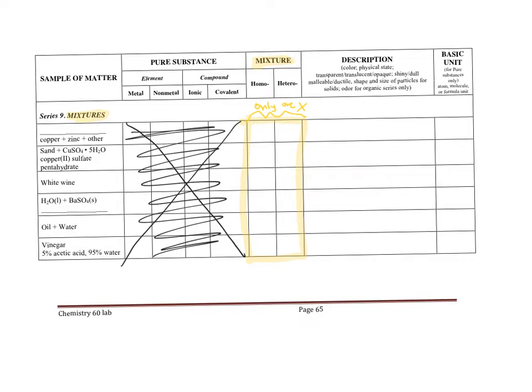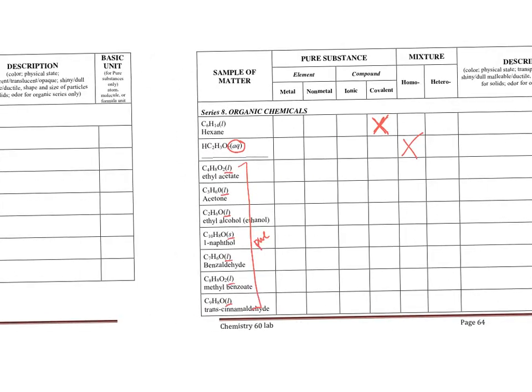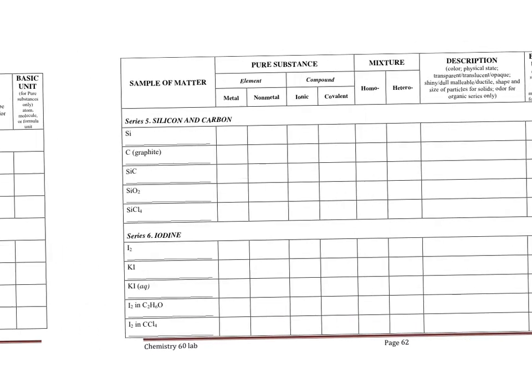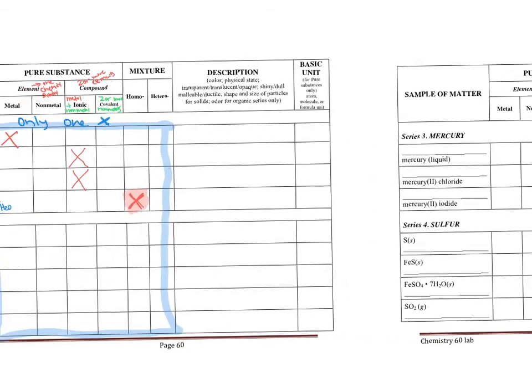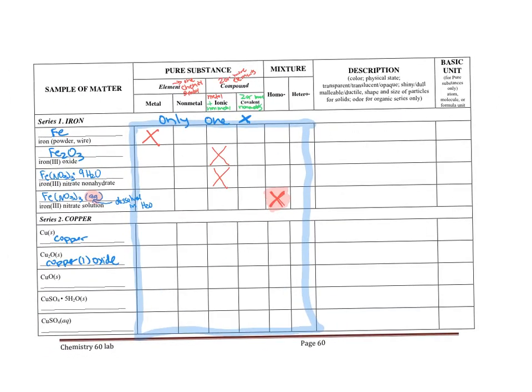The last thing I want to go over is basic unit. So basic unit you can see is this column on the right. We'll go back to the beginning. So for basic unit, for pure substances only. So if it's a mixture, like our aqueous, just write down NA, which just stands for not applicable. Pure substances only, atom, molecule, or formula unit.